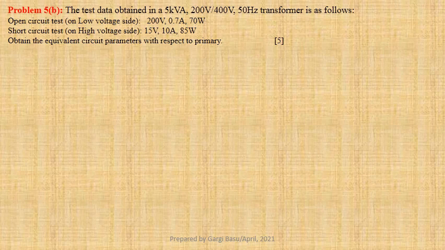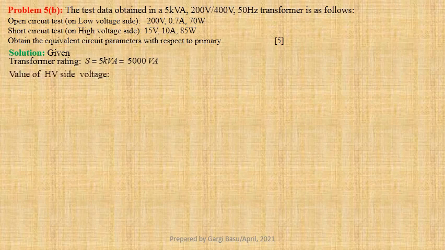Let us first jot down the given data. Transformer rating S equals 5 kVA, that is equal to 5000 volt ampere. Value of high voltage side voltage V1 equals 400 volts. Value of low voltage side voltage V2 equals 200 volts.